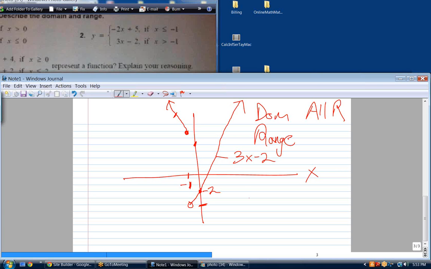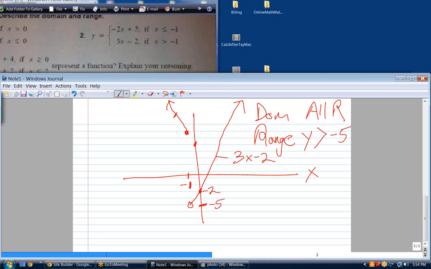When I plug in -1 for x, which is what this is right here, then I have 3 times -1 minus 2, that's equal to -5. So this y value that it actually gets down to is -5, only it never quite gets there. It's always greater than that. So I can say that the range, y has to be greater than -5.